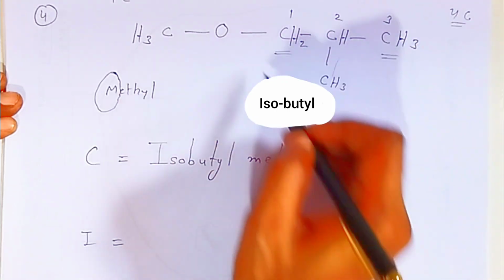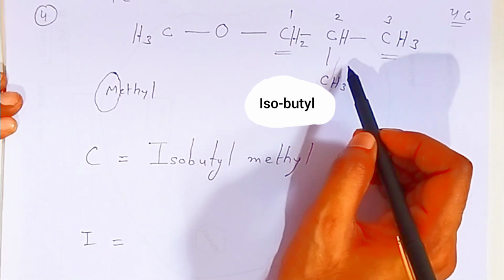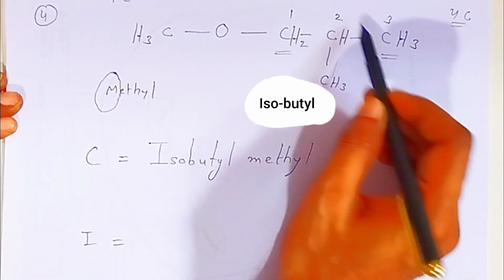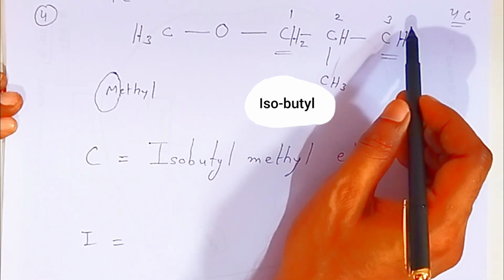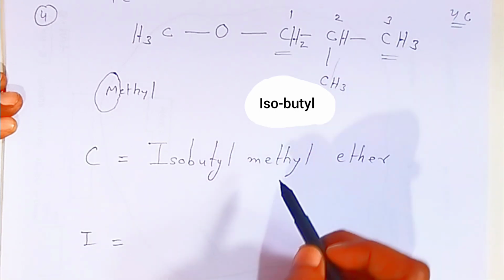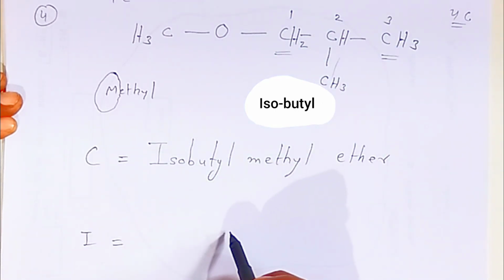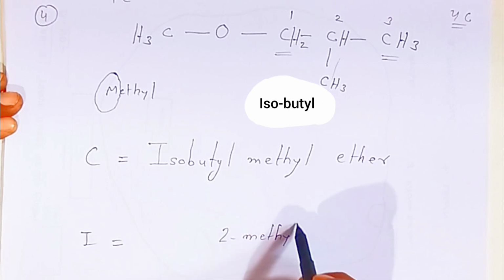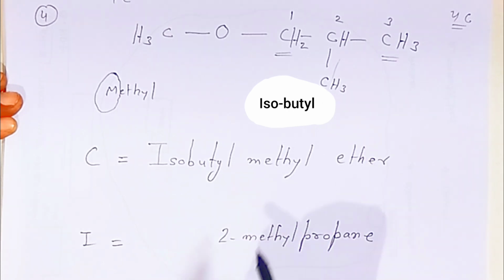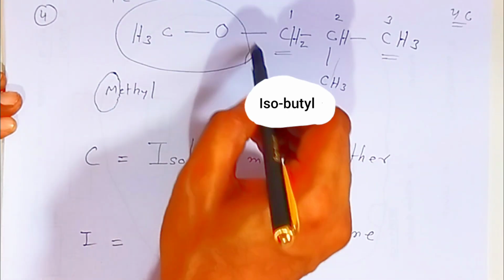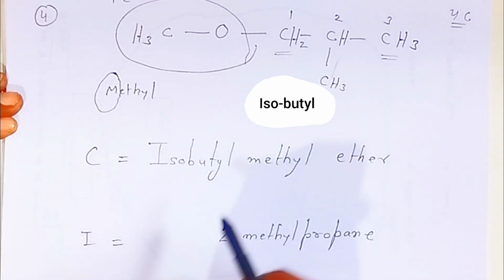This is the parent, students, propane. But on this propane, at the second carbon, number 2, you have a methyl group attached. So it is nothing but 2 methyl propane. So your parent will be 2 methyl propane. Now at carbon number 1 of this 2 methyl propane, the methoxy is attached.